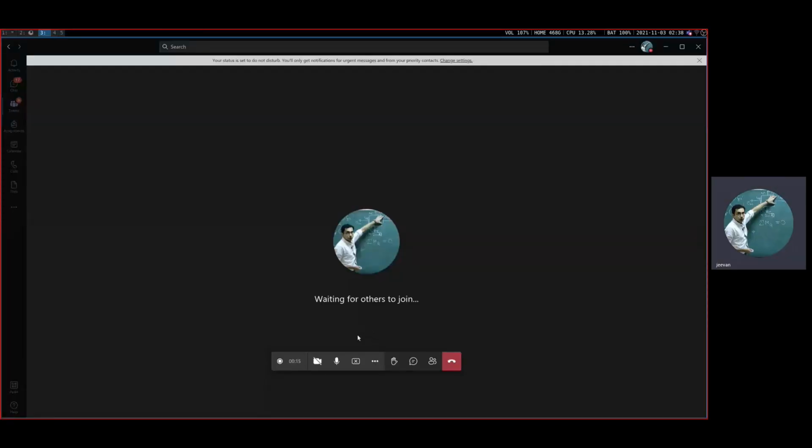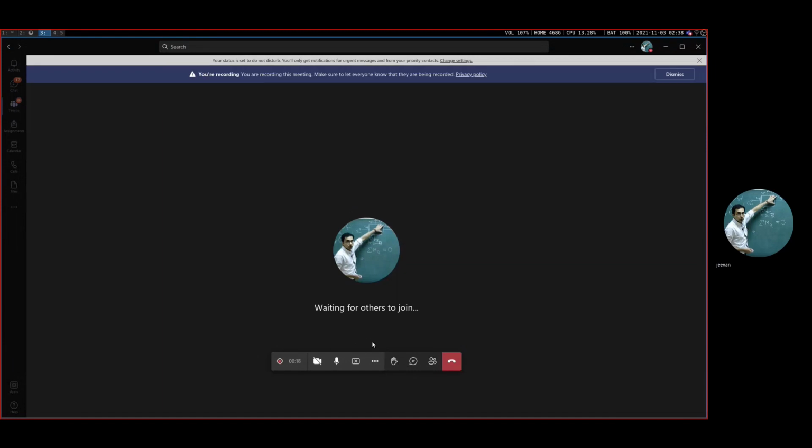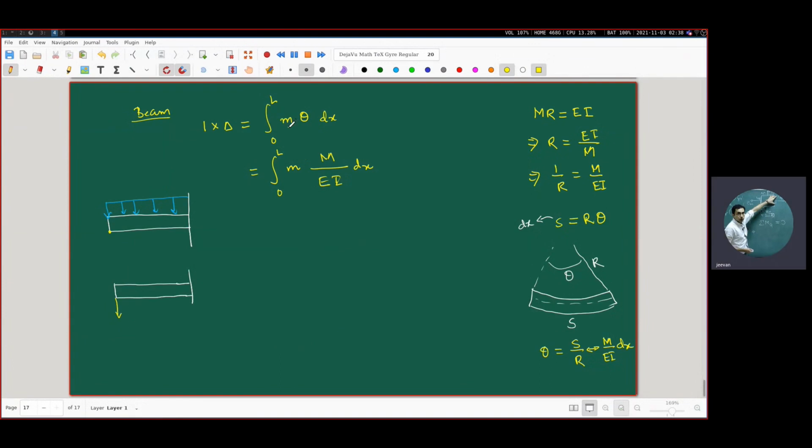Now, at the very end of the previous lecture, I'll just correct something in two minutes. The correction is like this. I had written m theta dx, and then I replaced theta by m dx by EI.